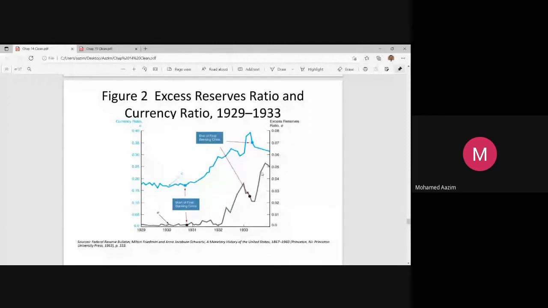That means banks were keeping more funds in excess reserve form in the central bank without using those funds for their business purposes, because banks also became precautionary.